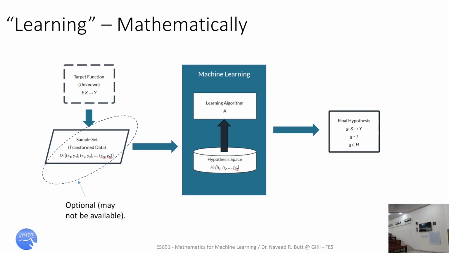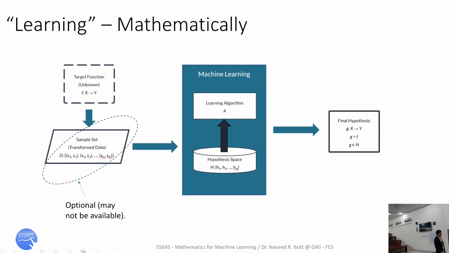We may or may not have some sample data from there, but our goal is to approximate f, find a function that approximates f from within a class of functions that are available to us. So this is the task of learning in our case.